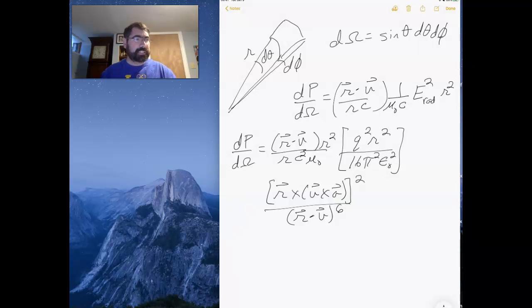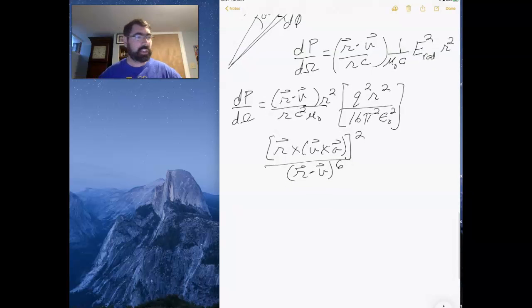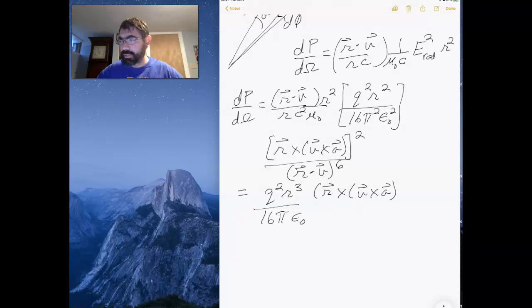Okay, so you can now start canceling a whole bunch of r squareds and things like that, and what you should end up with is q squared r cubed over 16 pi epsilon naught, r crossed u crossed a, over r dot u to the 5th power, and then the numerator up there is squared.